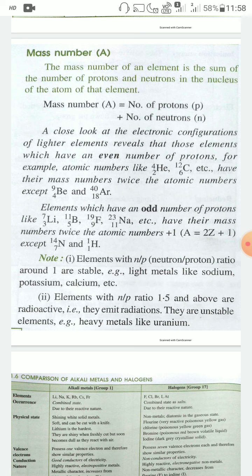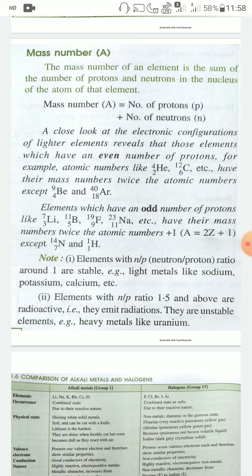That is, mass number A is equal to number of protons P plus number of neutrons N. It is generally found that for lighter elements, like hydrogen and helium, those elements which have an even number of protons have mass number just twice of their atomic number.